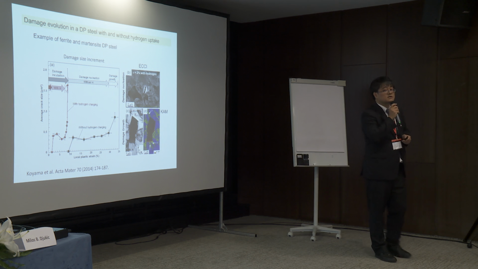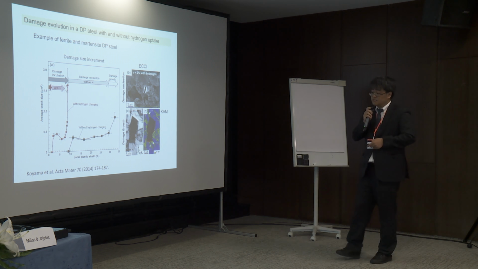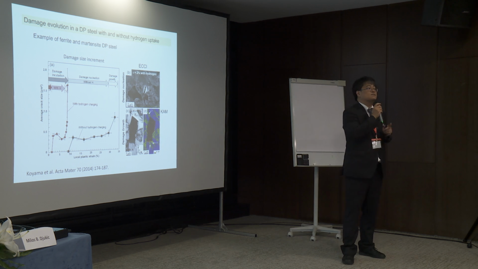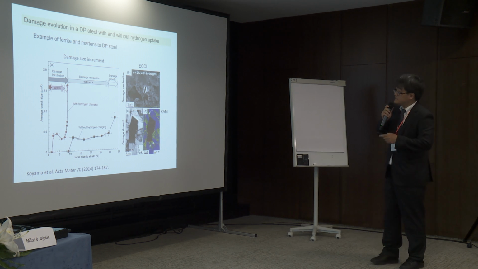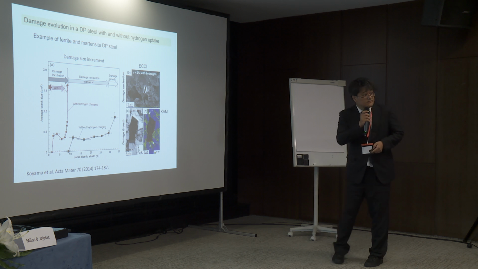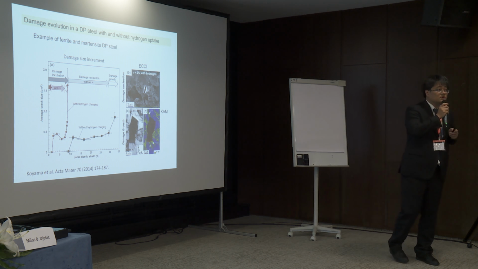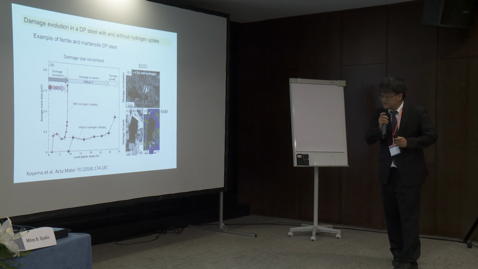But the point is, usually this material shows hydrogen-assisted failure after significant plastic deformation. Why is it so? Once damage, that means void or a crack, is arrested even with hydrogen, the damage doesn't grow rapidly even in hydrogen.